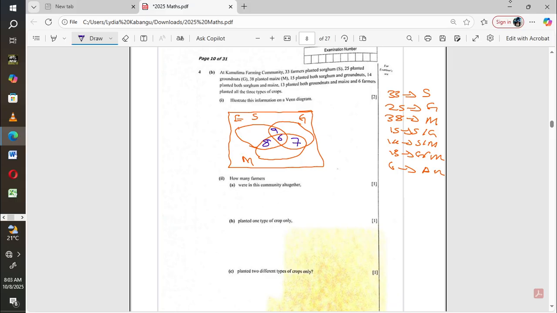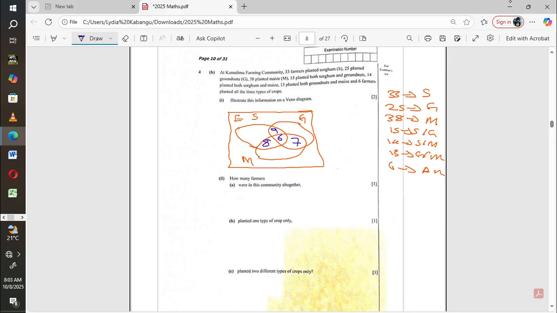Then maize, we had 38. So how do you find people who grow maize only? This is for sorghum and maize, this one is groundnuts and maize, and this one is sorghum and groundnuts.